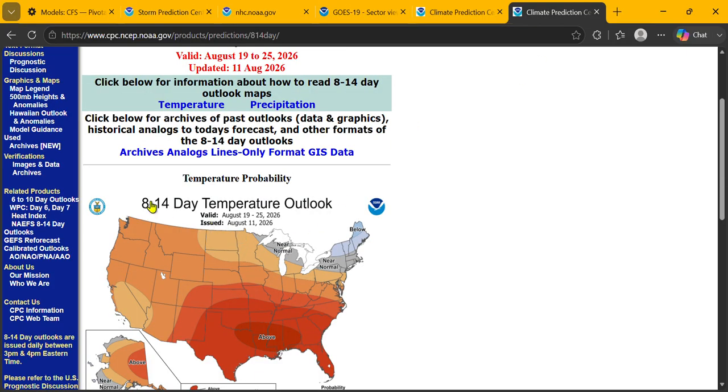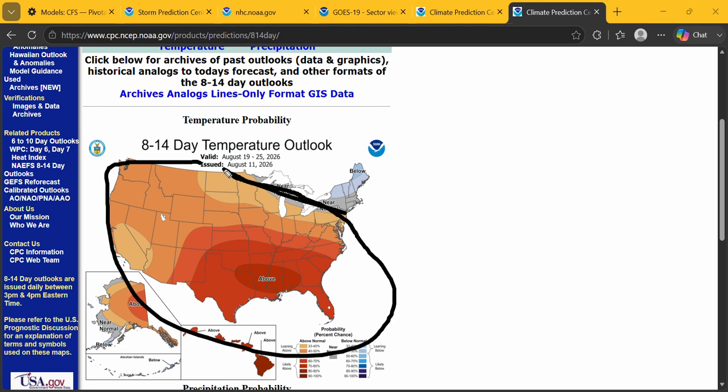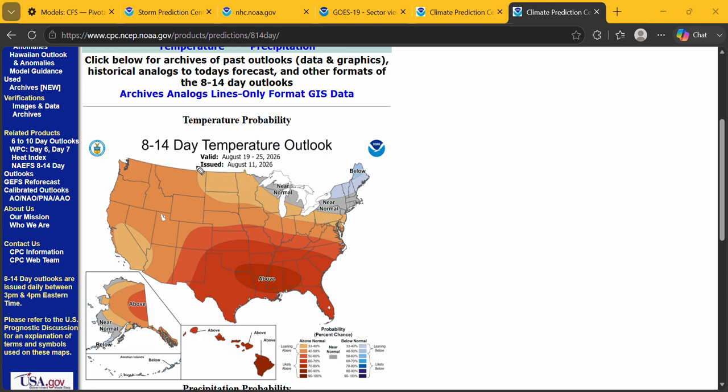The Climate Prediction Center 8 to 14 day, this is the 19th through the 25th. You can see a lot of warmer conditions prevailing for pretty much all of the nation aside from the northern Great Lakes and the Northeast. So really what we've been seeing on the GFS model, where we get these little clipper lows that bring a little bit of cold air here, but it doesn't really fully develop into a full-on eastern trough.